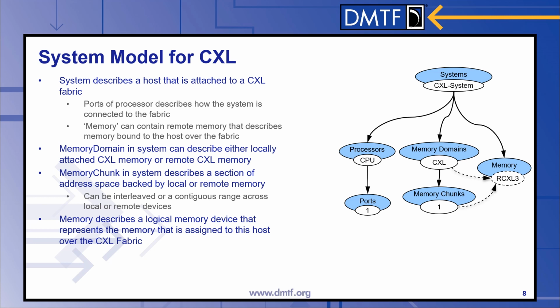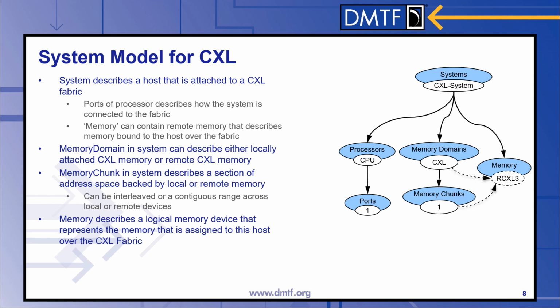In the system model, we describe the host that is attached to the CXL fabric. Ports of the processor describe how the system is connected to the fabric. The memory model can contain remote memory describing memory bound to the host over a CXL fabric. Memory domains in system can describe locally attached CXL memory and/or remote CXL memory.